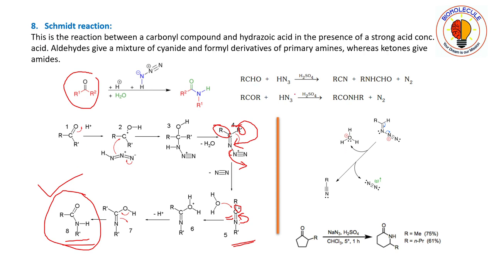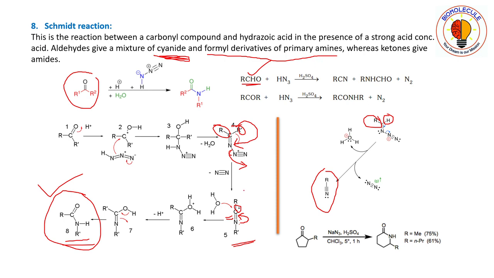Now if we look at formaldehyde, here you can see it has one hydrogen atom. So this hydrogen atom can get migrated over this nitrogen atom, and you will get this cyanide. And if this R group gets migrated, then you will get formyl derivatives of primary amines.